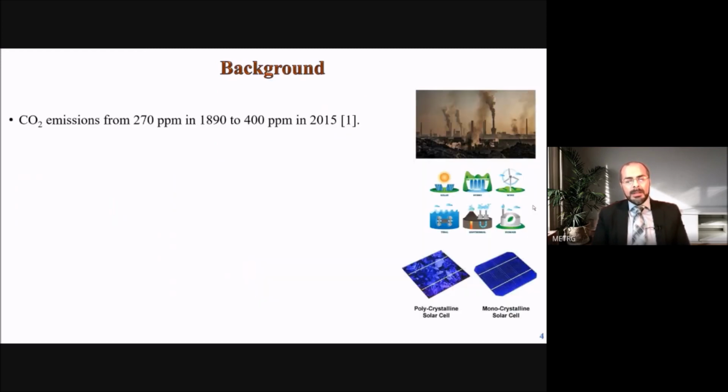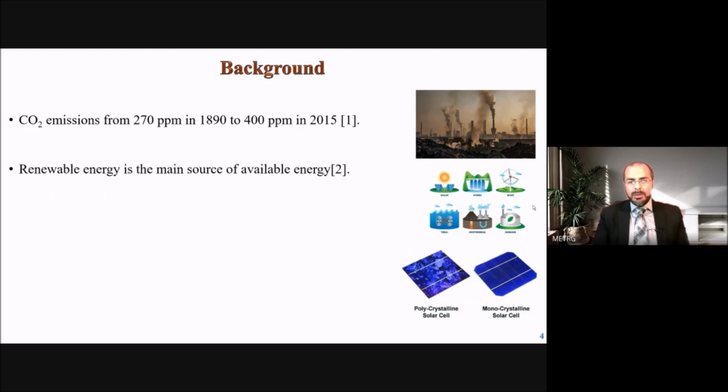So why do we go to renewable energy? Why is renewable energy in much need right now? Of course, one of the main reasons is the carbon dioxide emissions now produced by hundreds of thousands of factories around the world. This pollution increased the CO2 emissions from 270 parts per million in 1890 to 400 parts per million in 2015.